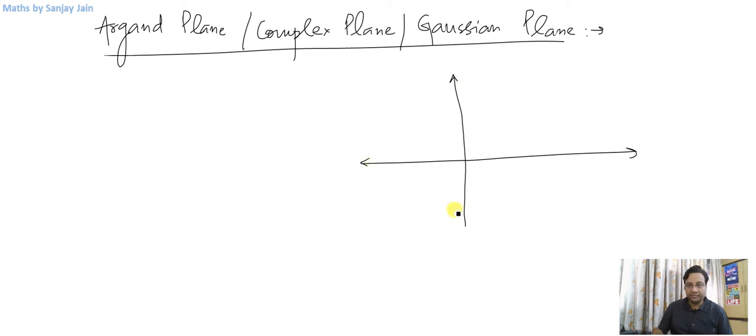What I mean is, if I take these axes, now this horizontal line represents the real axis, right? This is x o x dash. This x o x dash is my real axis, and this y o y dash is the imaginary axis.